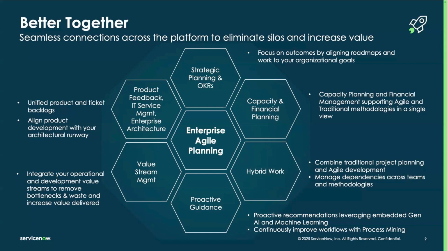We're also looking at taking advantage of some of those AI capabilities to provide proactive guidance within EAP, as well as looking at the value stream and a few other areas that are of special interest, such as the ITSM case support. And of course, the big thing with EAP and all of the work that you're managing within SPM is, how does that align with the overall strategies of your business and those higher level OKRs? But I just wanted to touch on that.